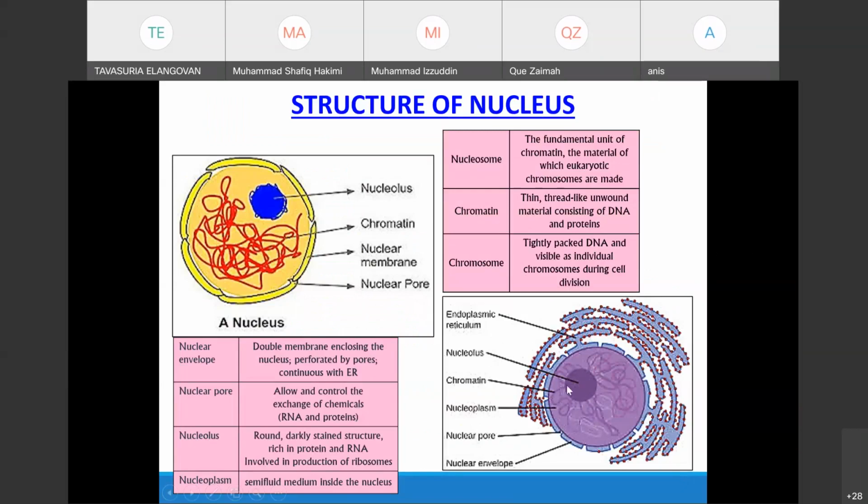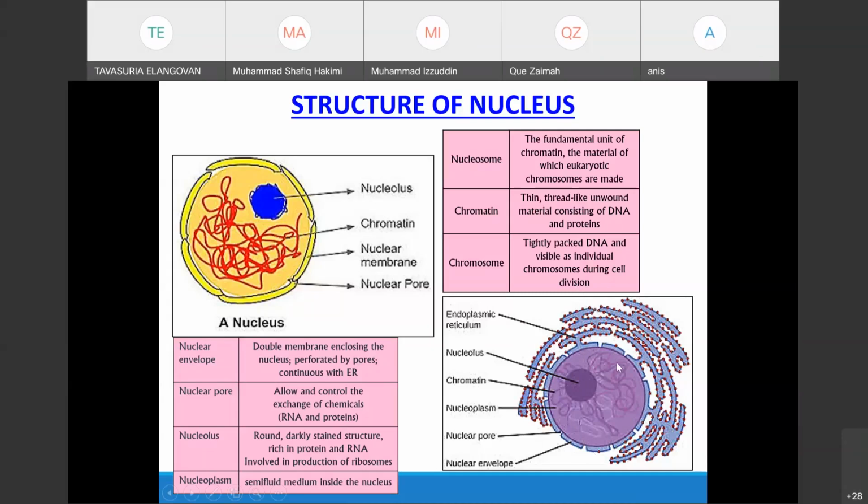Okay, so this is the nucleus, and it is surrounded by a double membrane. This is the nuclear envelope, which has pores, and the nuclear envelope is continuous with the endoplasmic reticulum.